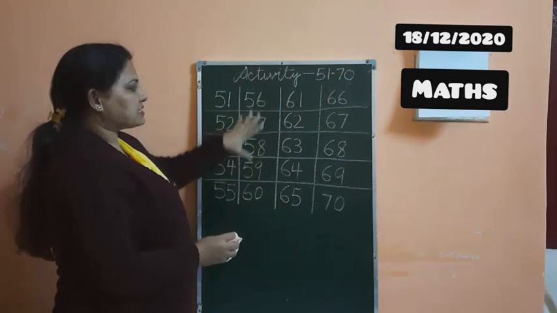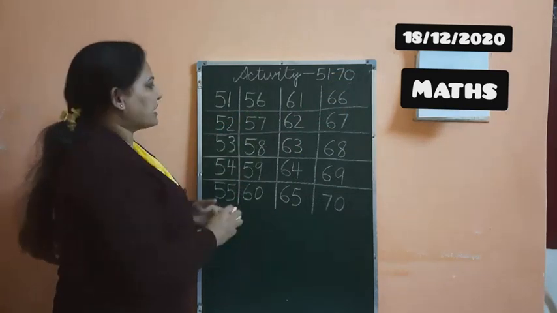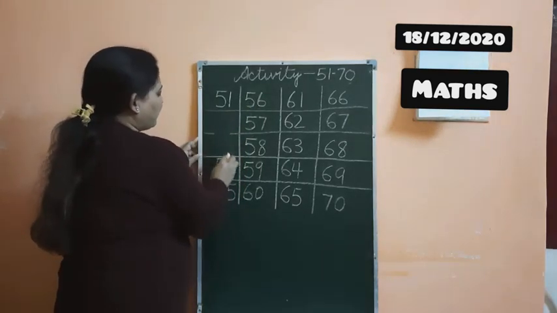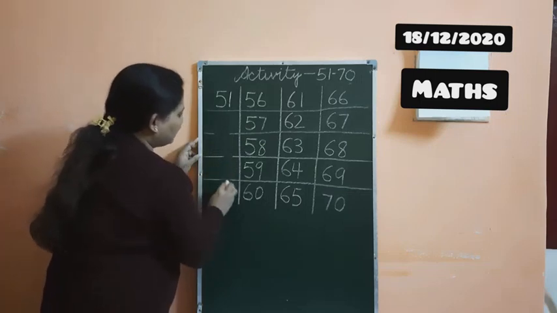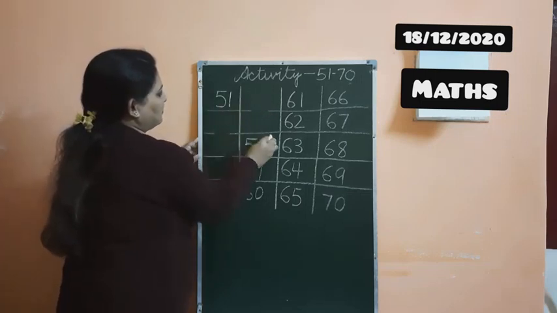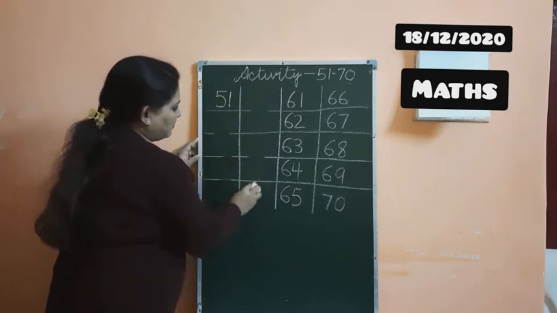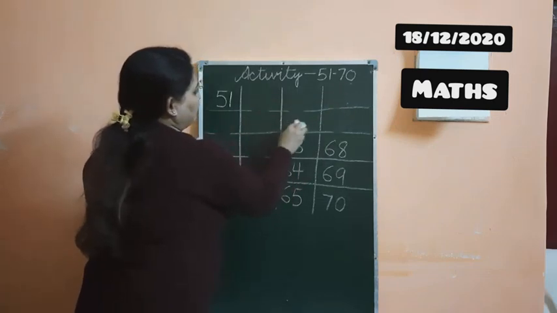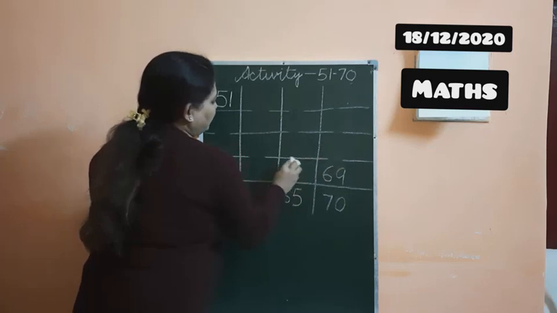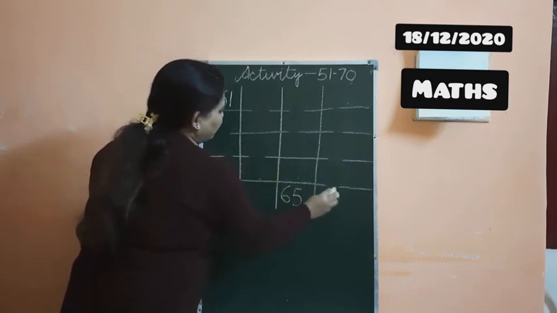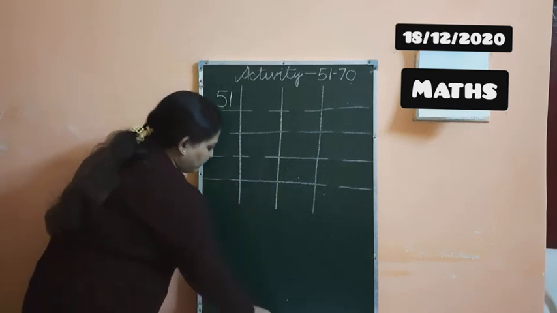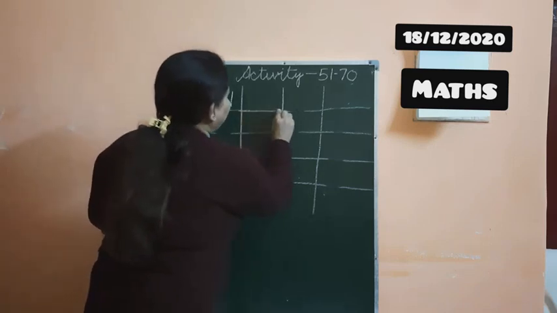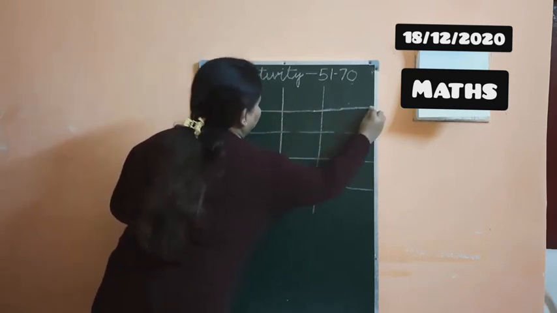I will erase some numbers, and then you have to do one activity. I will write now for you. How to do this activity, I will tell you. Now children, you can see here it is written 51, and I will leave some boxes empty.